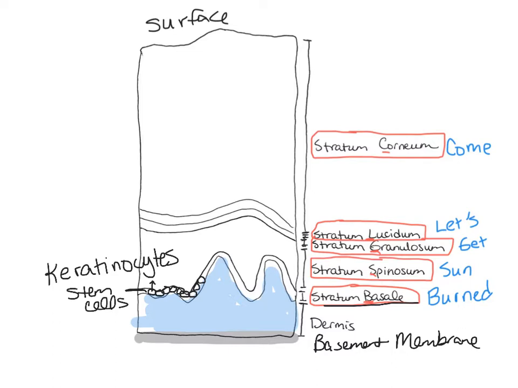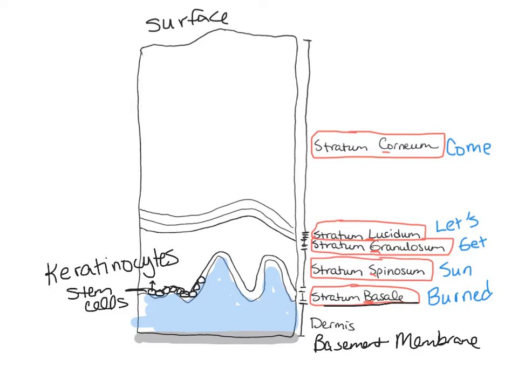That's the name we're going to give them all the way through. So the stem cells create a keratinocyte, and every time the stem cells create a keratinocyte, the next one keeps moving up and up and up. It's just going to keep moving up to the surface until it's time to get sloughed off, right?